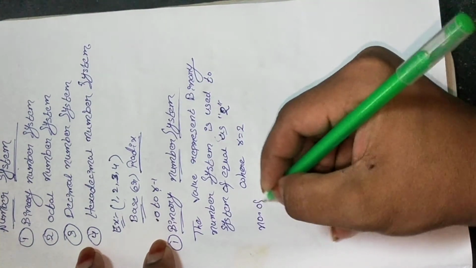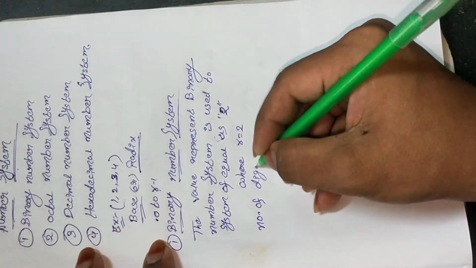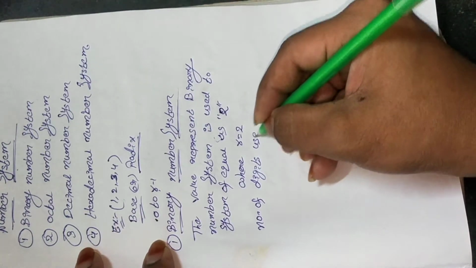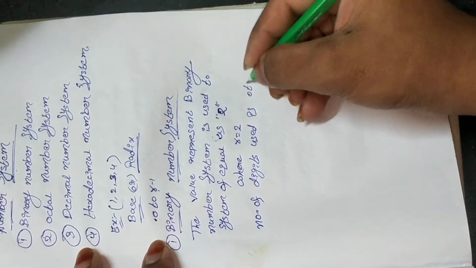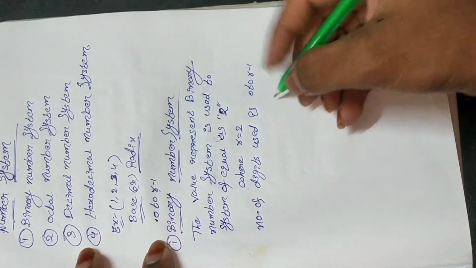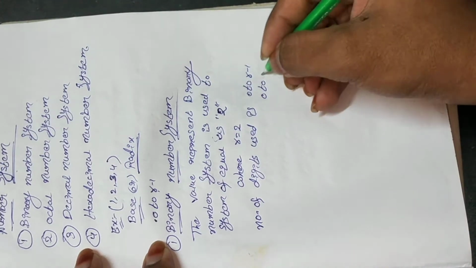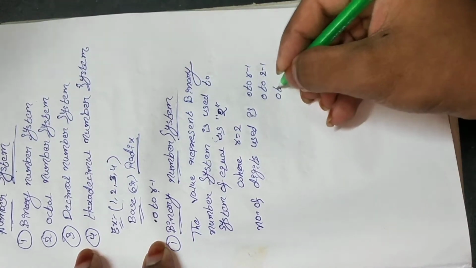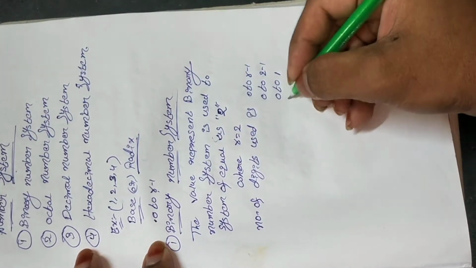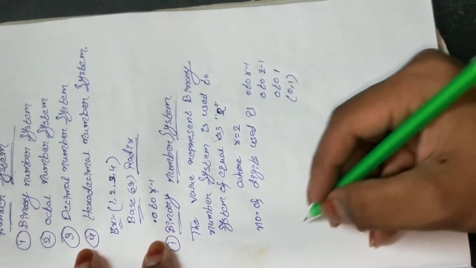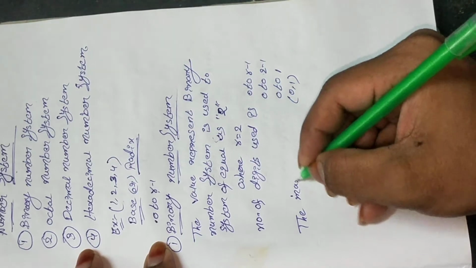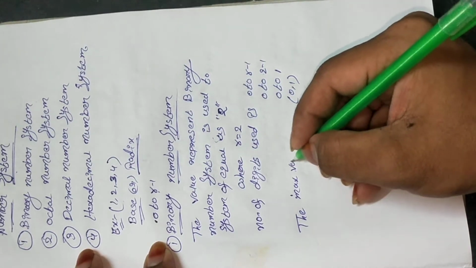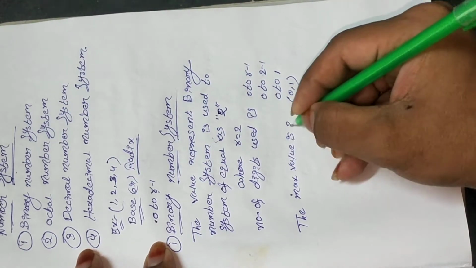Number of digits used is 0 to r minus 1, 0 to 2 minus 1, 0 to 1. That means 0, 1. Here the maximum value is 2.